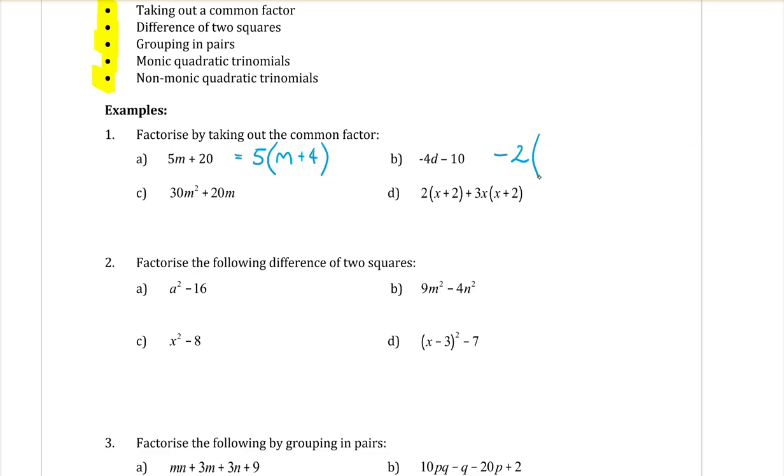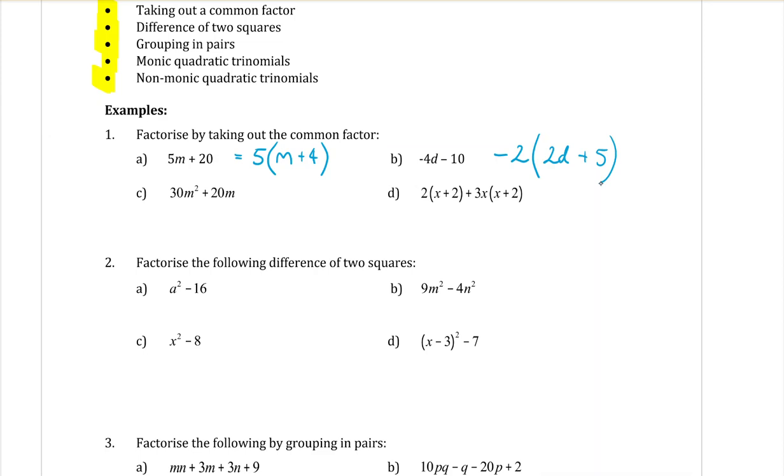Minus 4d divided by minus 2. The minus divided by minus will make a plus. 4 divided by 2 makes 2, and the d. Then minus 10 divided by minus 2, minus divided by minus makes a plus again, and 10 divided by 2 is 5. Okay, that's it.